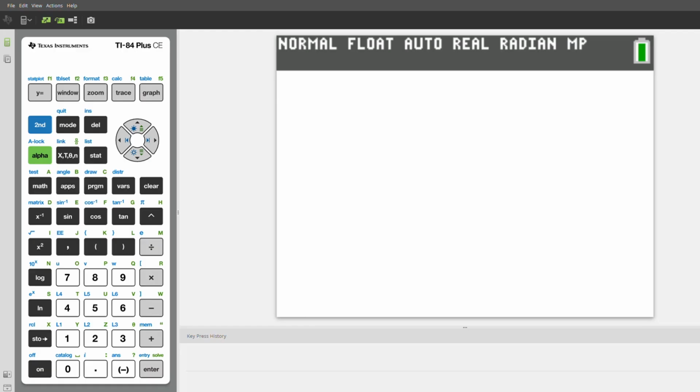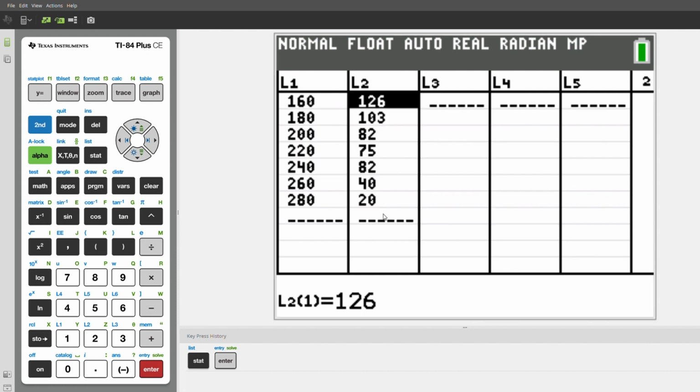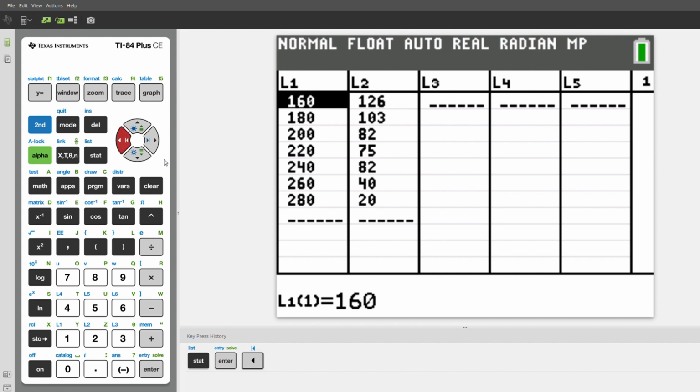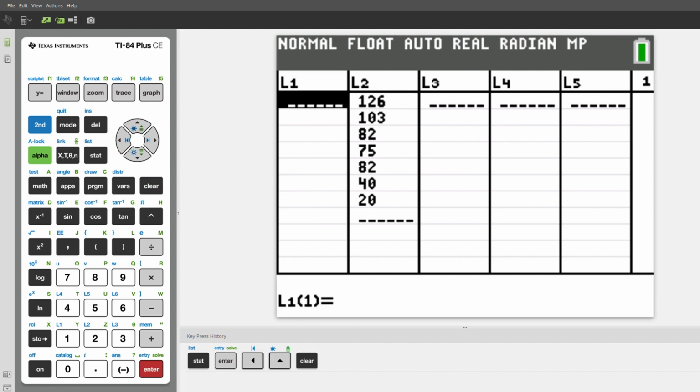So on the calculator, let's look at number 7 on our exam. Here we have to use linear regression, and so once again we go to stat, and then edit. If we have numbers already in our columns, we just highlight L1 and L2 using our arrow button, press clear, enter, and do the same for L2.